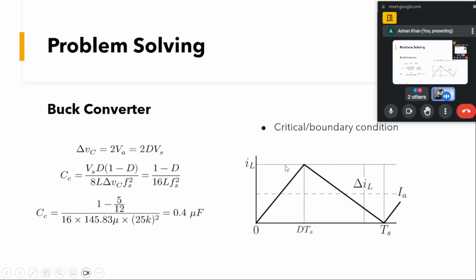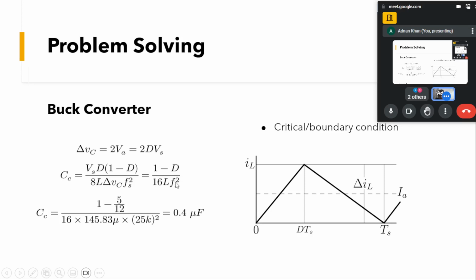Similarly, for this delta V at the critical condition, it will be equal to twice the output voltage on similar grounds. If you go through it and put that in this C equation, it comes out to this equation.